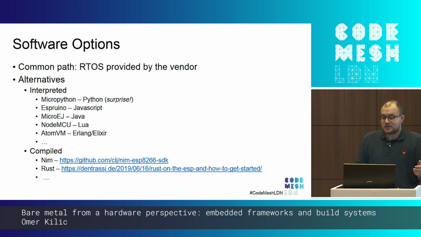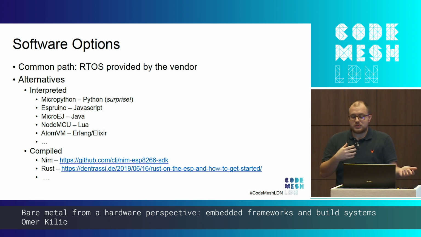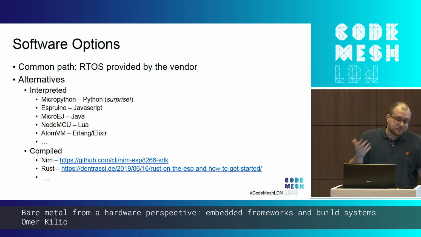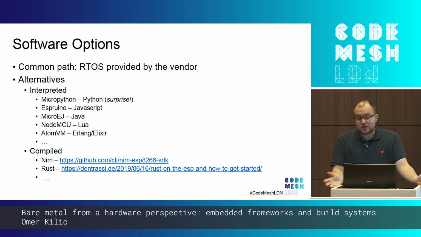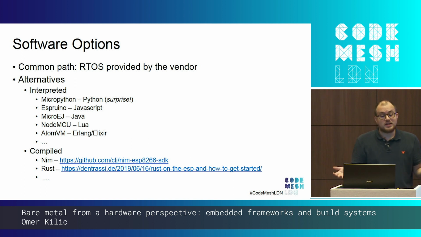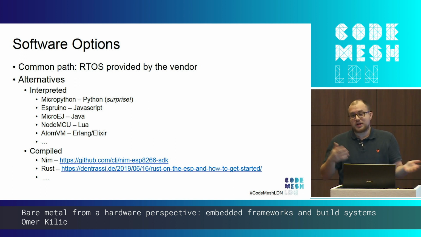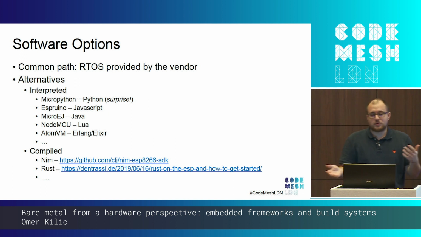But most of these things are fairly usable. Whether you would ship them in production, that's a very good question, actually. The other option is to actually find stuff that effectively compiles down to C, or has compiler backends that support the small embedded architecture that you're using.